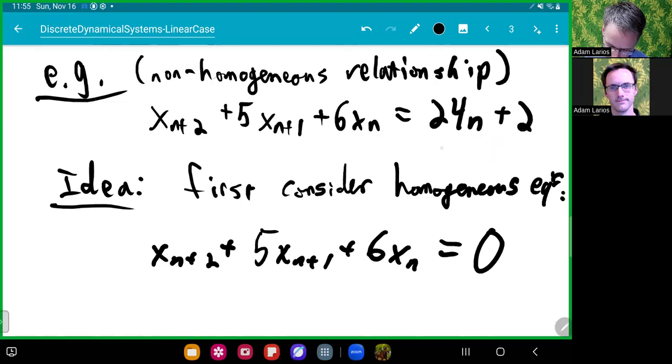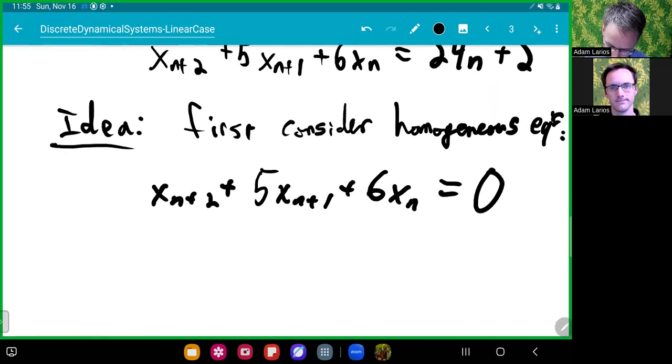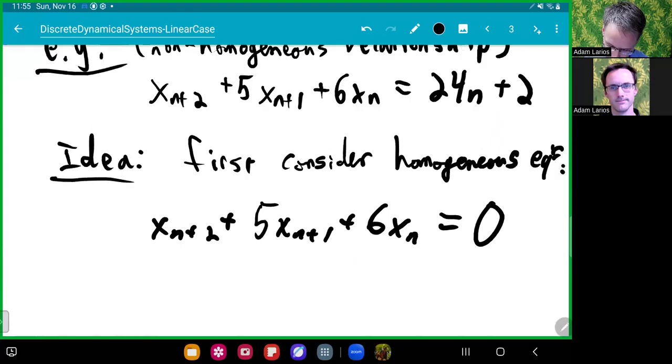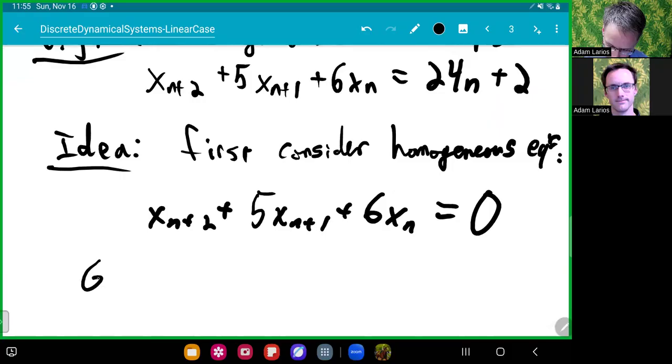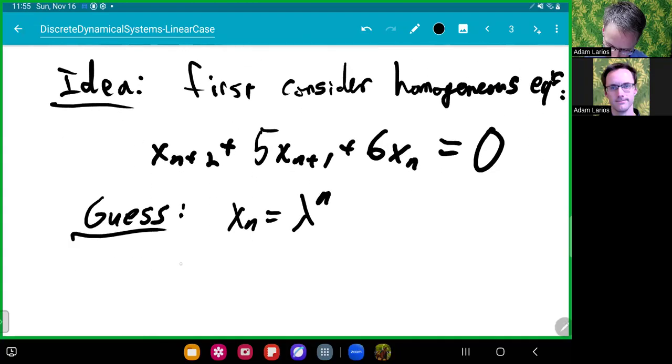We could compute that fairly easily. We're just isolating the unknown parts. And the idea is this allows us to use linearity tricks again. So again, we'll guess. We've already seen how to solve something like this. Guess x_n equals lambda to the n. Plugging this in, after dividing by lambda to the n, we'll get lambda squared plus 5 lambda plus 6 equals 0.